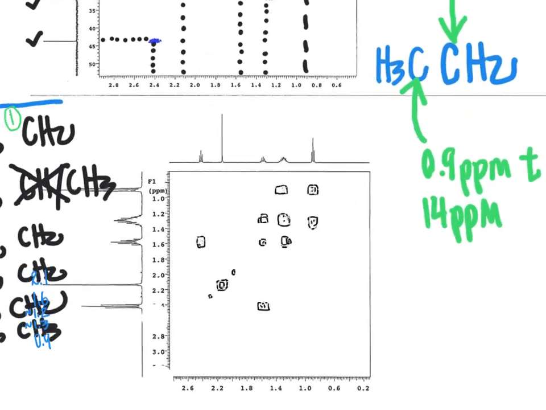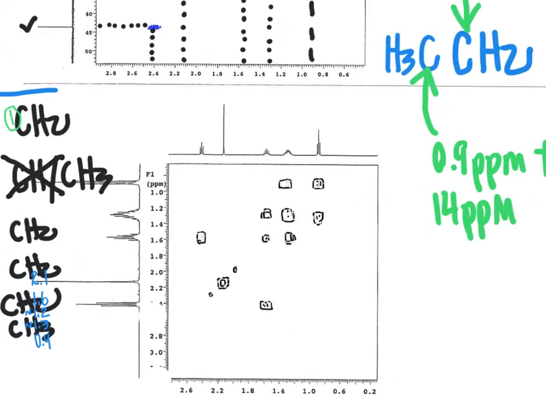So when we zoom into our COSY data, what we see is our signal that was at 0.9 ppm right here that showed up as a triplet. If we follow this down to see what it is spin coupled to, because remember that COSY correlation shows spin couplings, we find that our diagonal runs right through here like so. We can ignore the signals that are part of that diagonal because it's just going to show us the particular proton corresponding to itself.